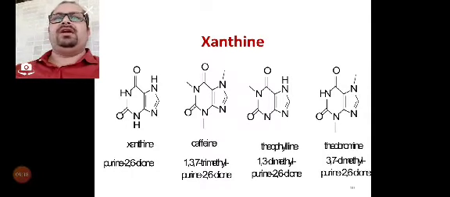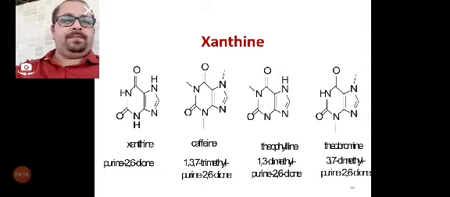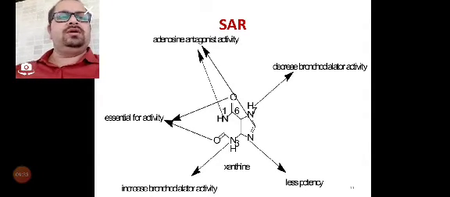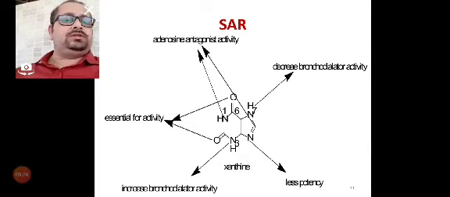So these 3 derivatives, caffeine, theophylline and theobromine, are the analeptics we can use in sleeping syndrome and as a respiratory stimulant. If you look at the SAR, the structure activity relationship, of the xanthine derivatives, the nitrogen 1 and the substitution at the 8th position are essential for adenosine antagonist activity.